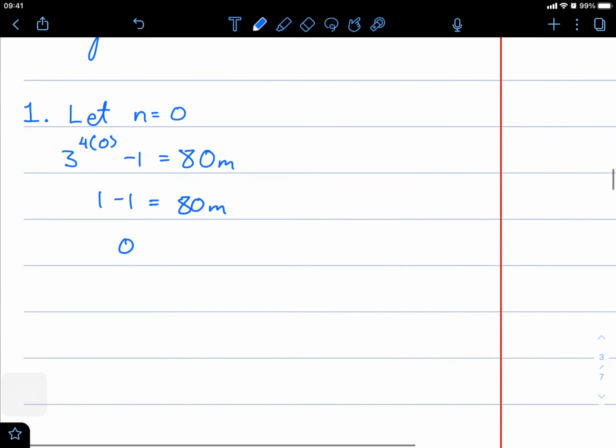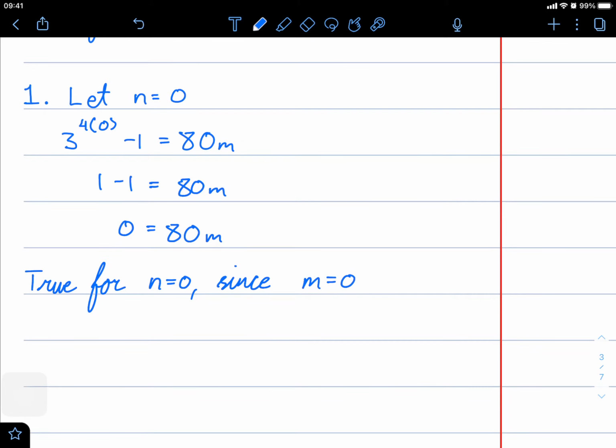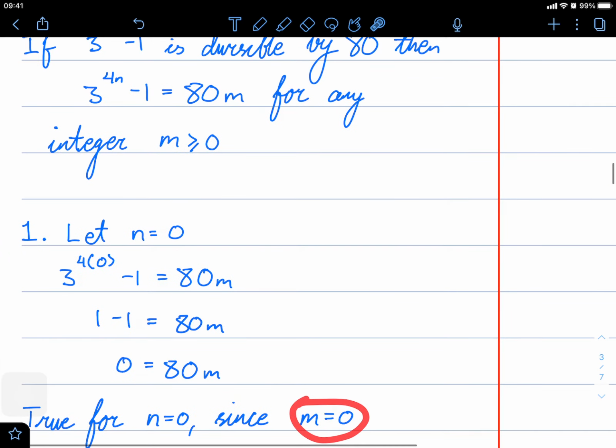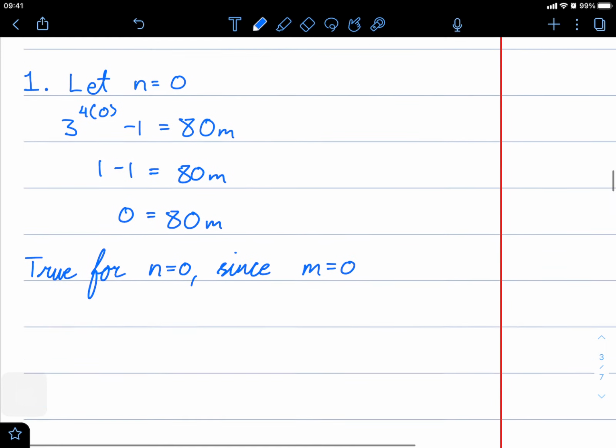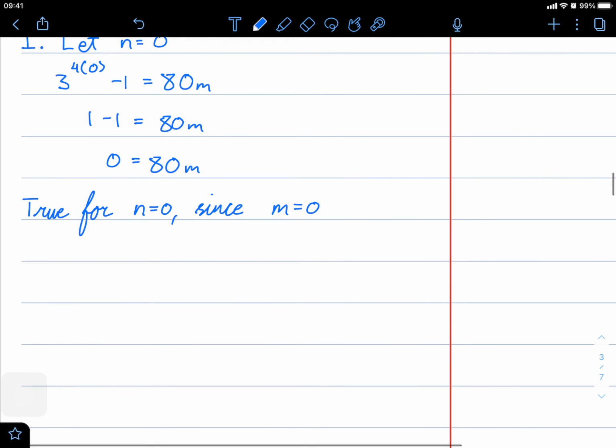And we get 0 is equal to 80m. Well, then this is true for n is equal to 0, since we can say that m is equal to 0, and that is within the given domain of this statement. So we've proven it true for the first value.